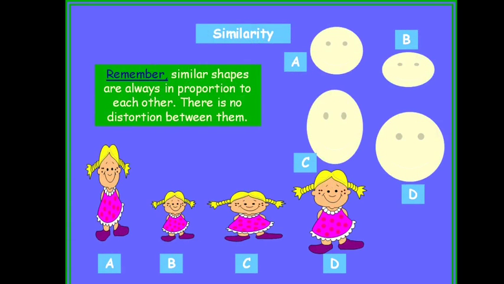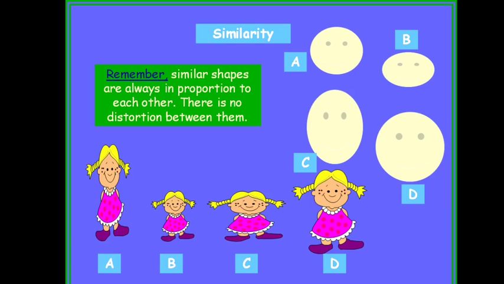Similarity. Remember, similar shapes are always in proportion to each other. There is no distortion between them. On your screen at the bottom, we have four dolls. If you just look at those four girls, you will find that they look somewhat similar.